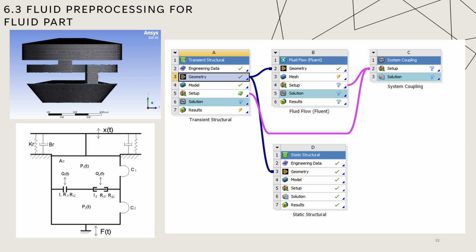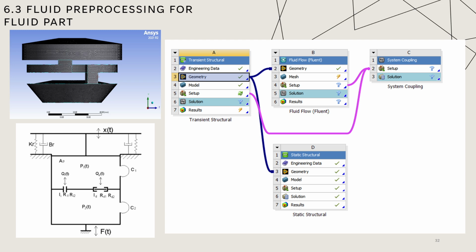On the bottom of this screen, you're going to see the picture of a lumped mechanical model for the hydraulic engine mount. Usually we use the lumped mechanical model to do calculations for the hydraulic engine mount. You're going to see x(t), which is the displacement function set on the top of the hydraulic engine mount, and that is where I'm going to put a boundary condition for my structure also.